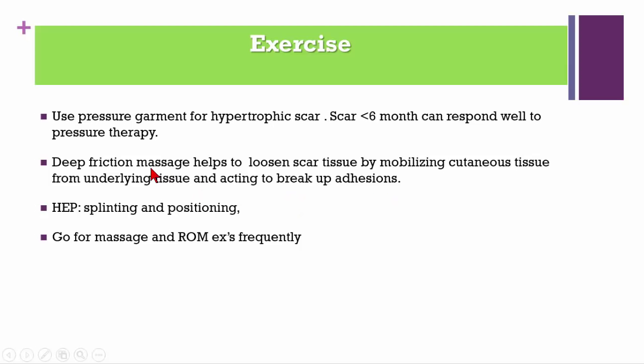So deep friction massage will break up the adhesion and mobilize the cutaneous tissue. A home exercise program like splinting and positioning is necessary to prevent contractures. Go for massage and range of motion exercise frequently.